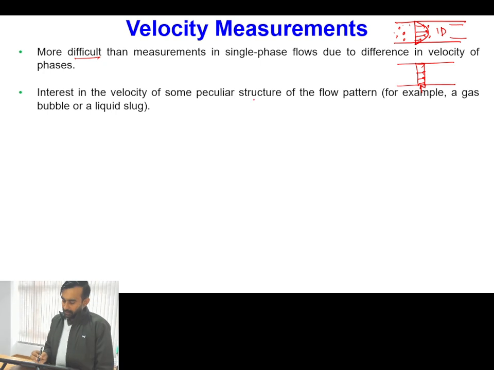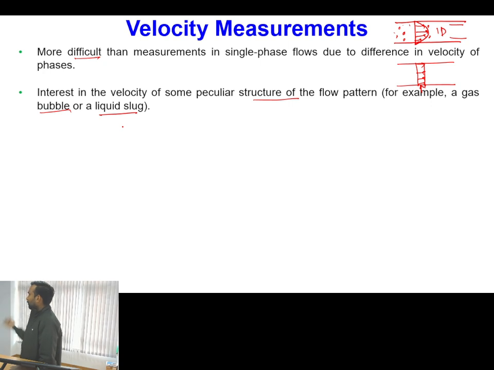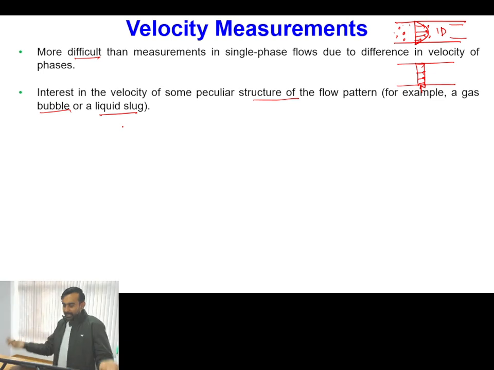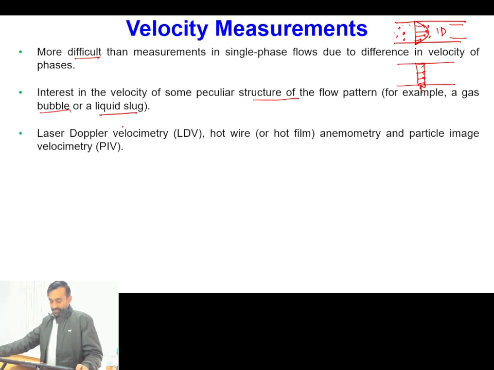interest in velocity measurement for some peculiar structures such as gas bubbles or liquid slugs, etc. So different types of structures are present in multi-phase systems. You have already seen in terms of flow design maps. So in order to know the behavior of that particular structure, we may need to determine the velocity.